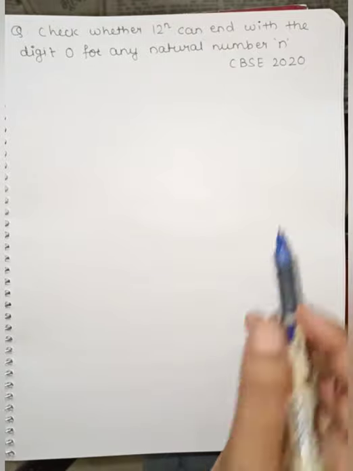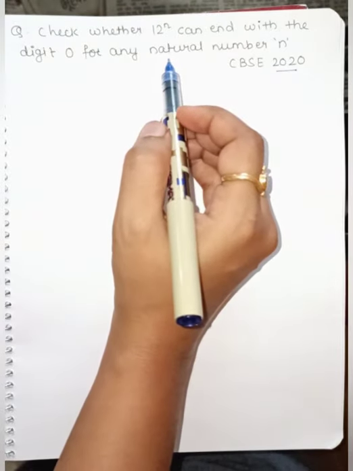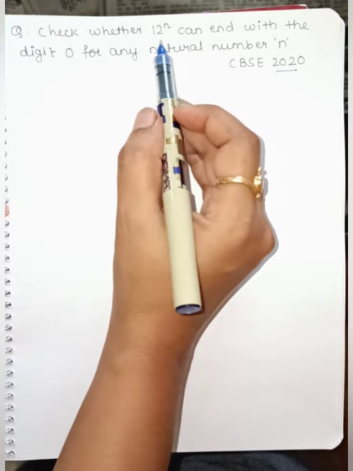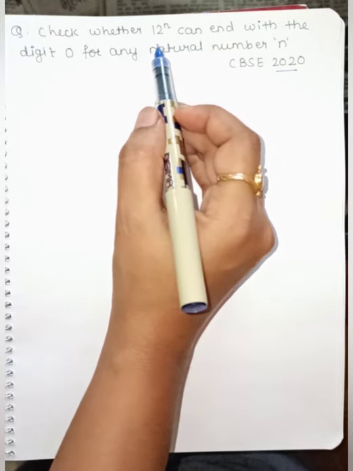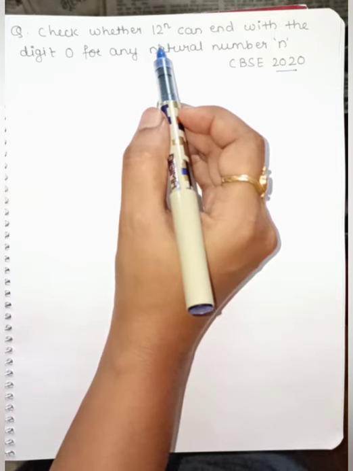The next question: check whether 12 raised to n can end with the digit 0 for any natural number n. Now this question was asked in the 2020 CBSE exam. For solving a question of this type also, we are going to make use of the fundamental theorem of arithmetic, meaning any composite number can be expressed as a product of prime numbers, and this representation is unique.